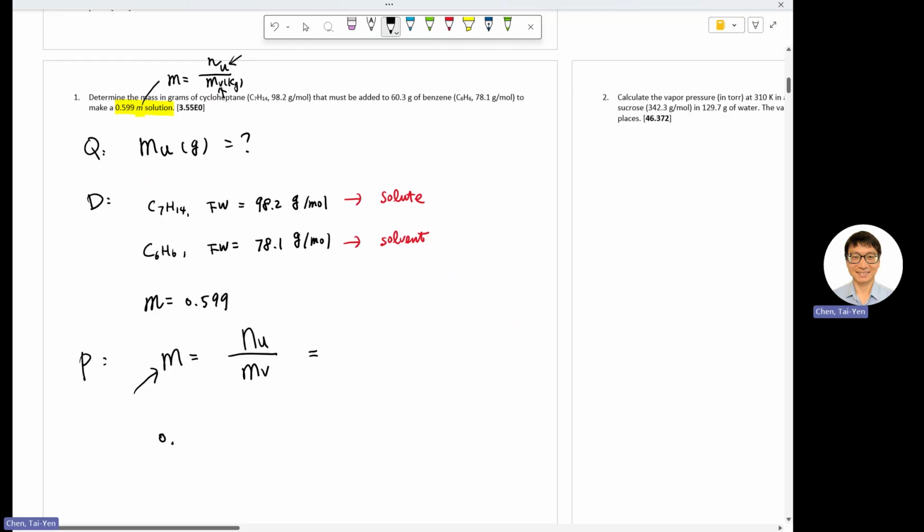That's 0.599, so you can write that. Do you know this one? You don't, but you know the definition: moles is the mass of your solute divided by the molar mass, I prefer formula weight, of your solute. Do you have the mass of your solvent?